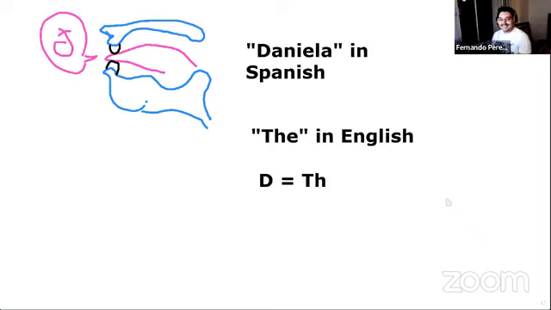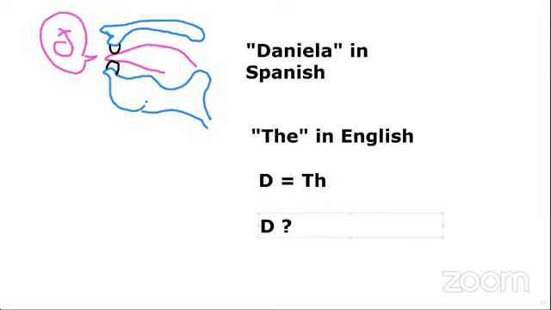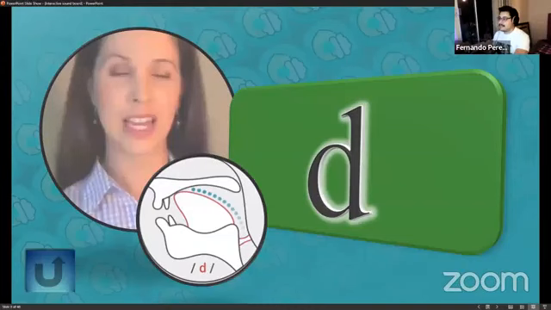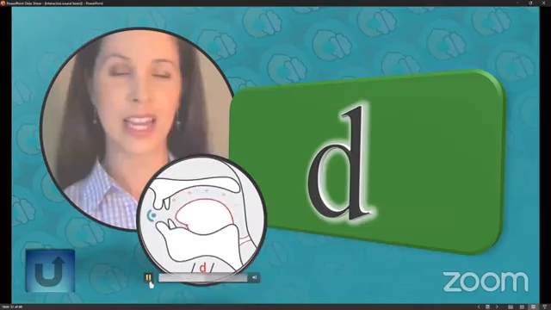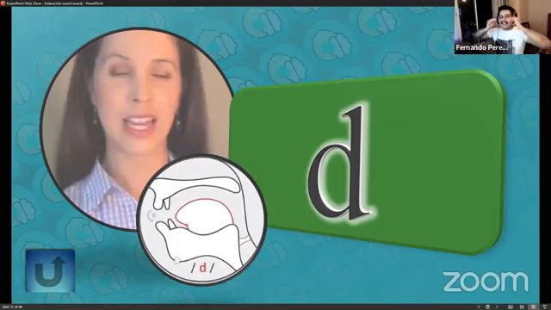So then, how do you pronounce this in English? Check this out. D. Your tongue goes up into the palatal bridge, that's the name, and then it makes a little explosion.